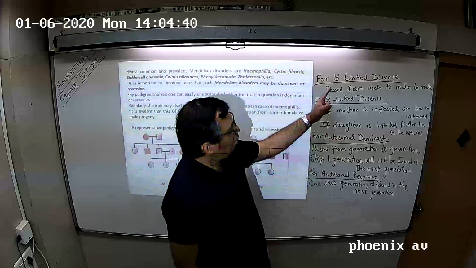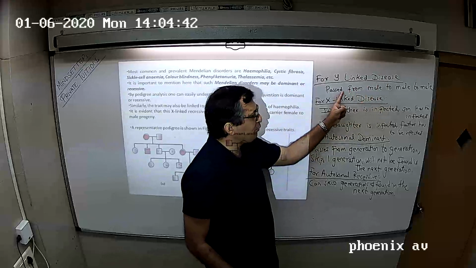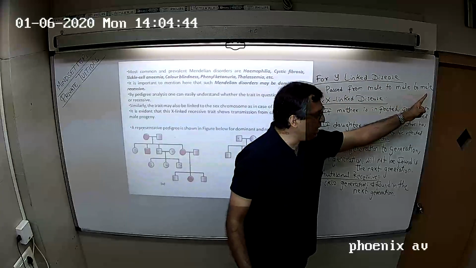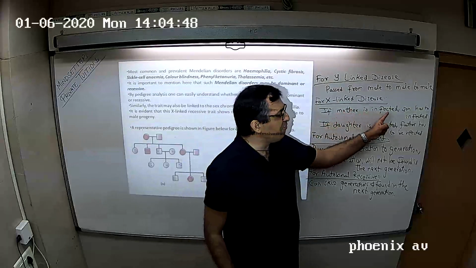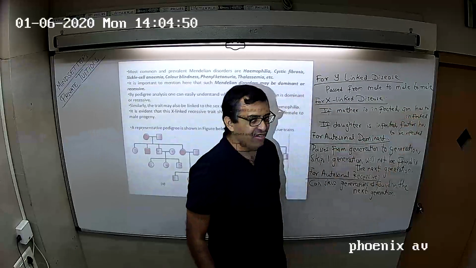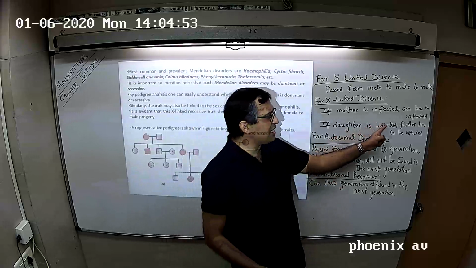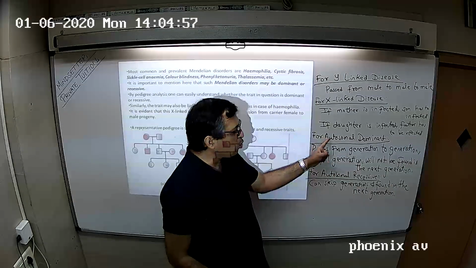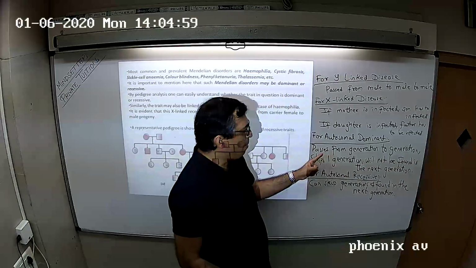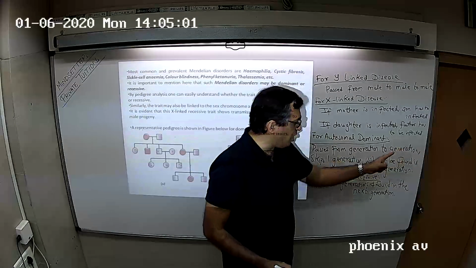So once again, for Y-linked disease, passes from male to male to male. For X-linked disease, if mother is infected, son has to be infected. If daughter is infected, father has to be infected. For autosomal dominant disorder, passes from generation to generation.